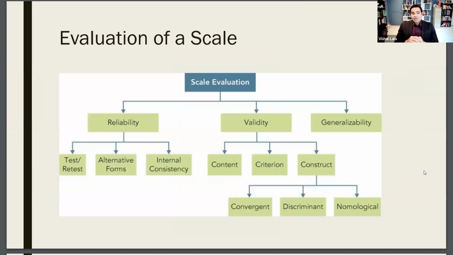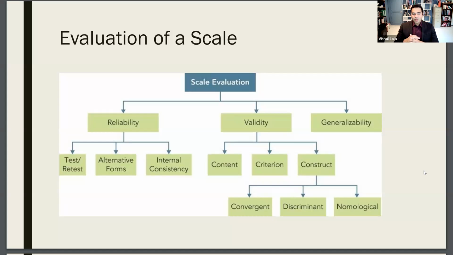Let's understand now the issues of reliability, validity, and generalizability. Reliability refers to whether the scale generates the same result from one instance to another. A very good example would be a measuring scale.